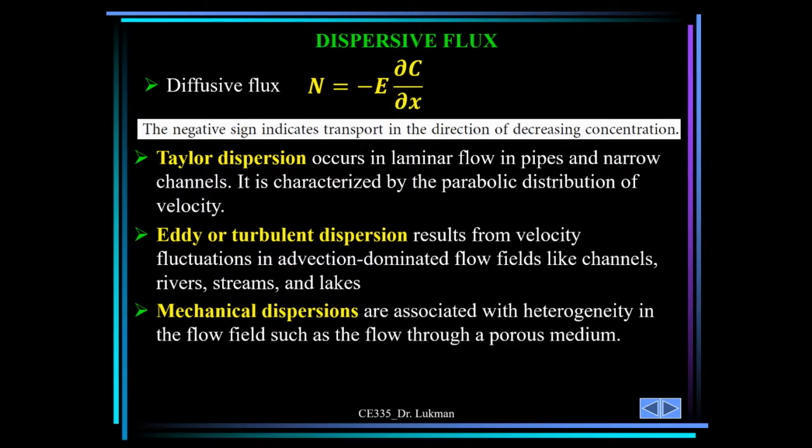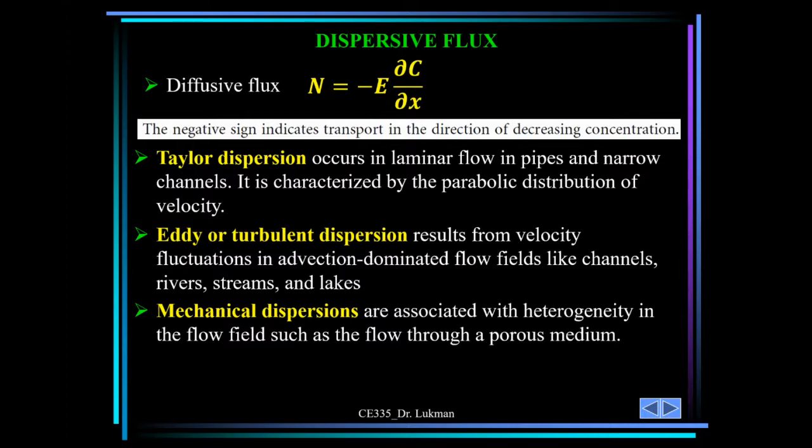So this is heterogeneity. If the soil medium is homogeneous, it means it has more or less uniform properties of porosity and hydraulic conductivity. But more often than not, in practical cases, you have these values changing from place to place, so that makes the flow field heterogeneous.